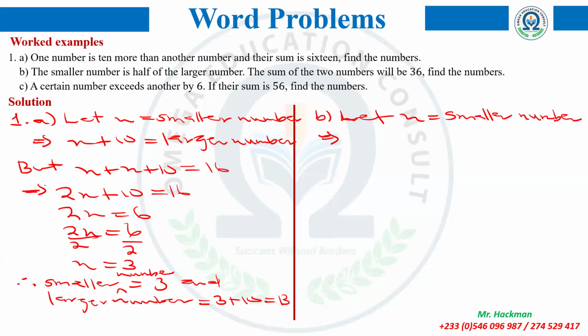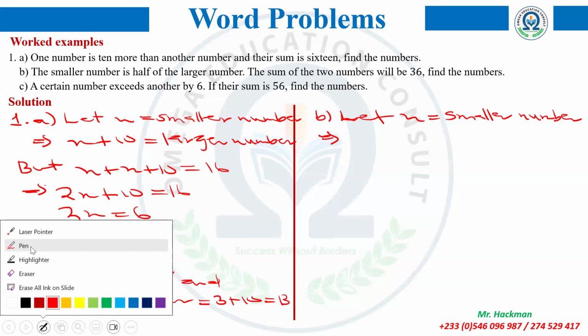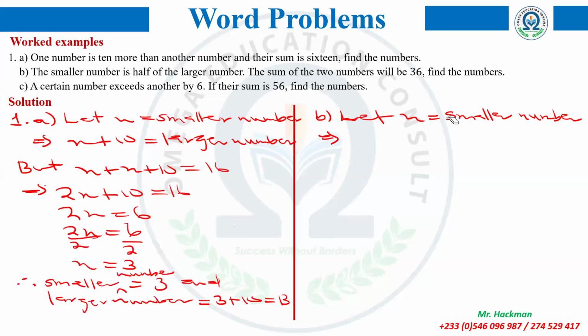However, I will go the usual route, then ask you to go the other route and see whether we end up getting the same results. So on that note, I'm going to clear this, then write larger number there, just to conform with what we initially started with. So larger number. In this case, this implies that half of x, that is half of my larger number, will be equal to my smaller number. All correct, my professors?